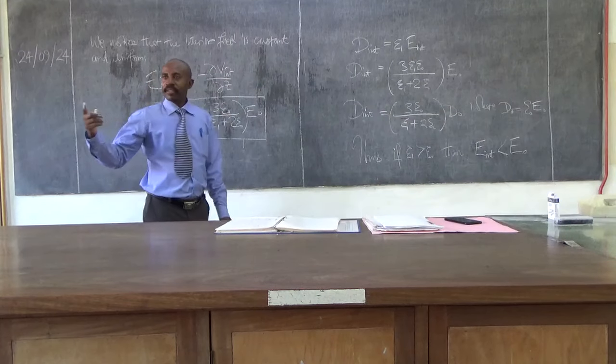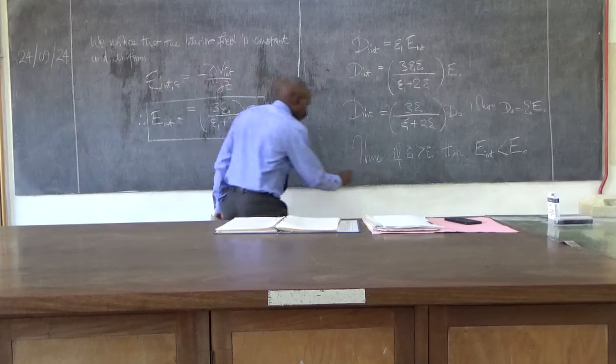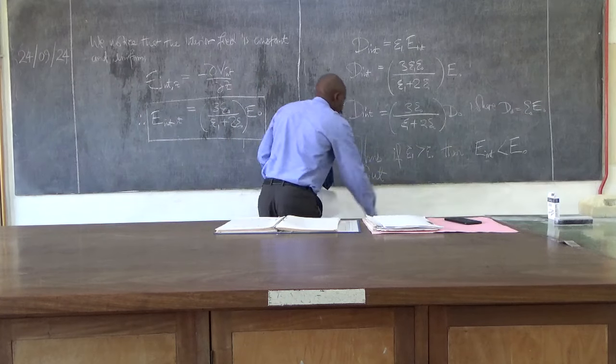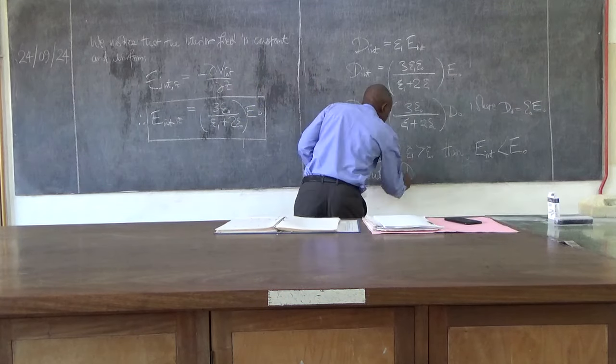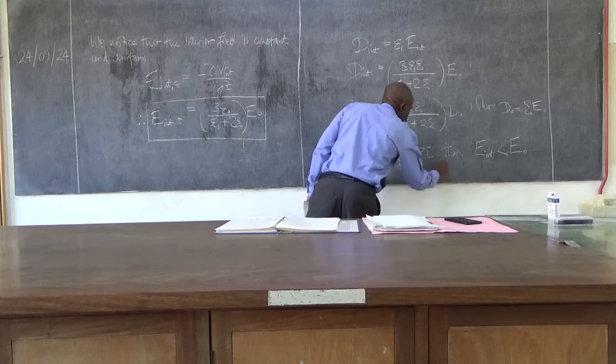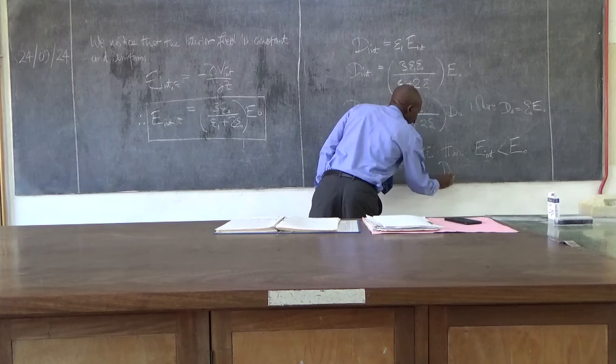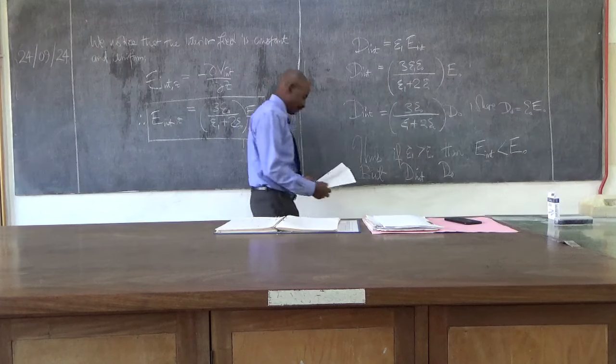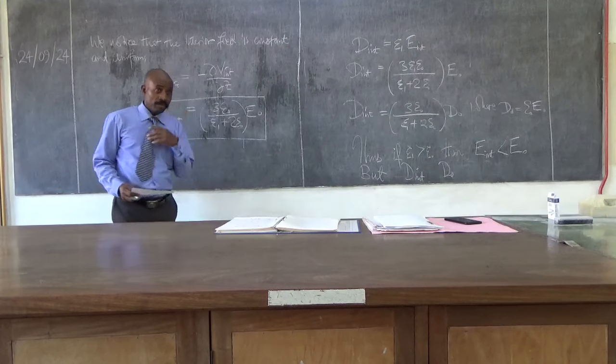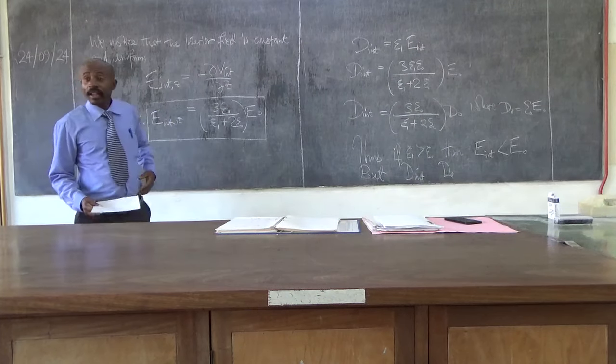But how about the electric displacement? What would be the relationship between the D interior and D naught?